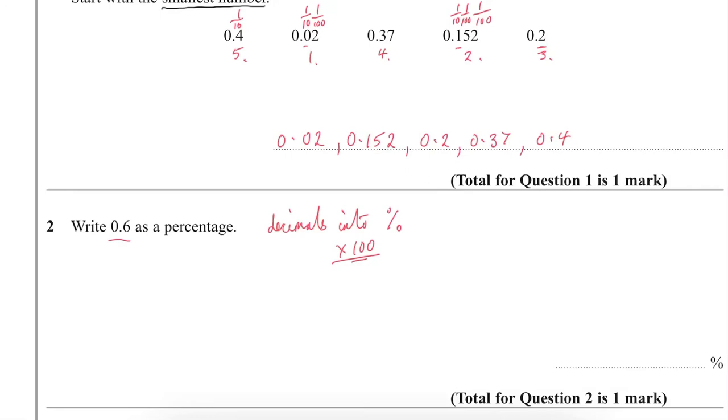Okay, so we've got 0.6, let's times it by 100. Simply move the point 2 places, and so then you're going to put a naught in the second place, so you're going to get 60%. Nice and straightforward, changing decimals to percentages. You've already got the percent sign here, so you can just put 60.